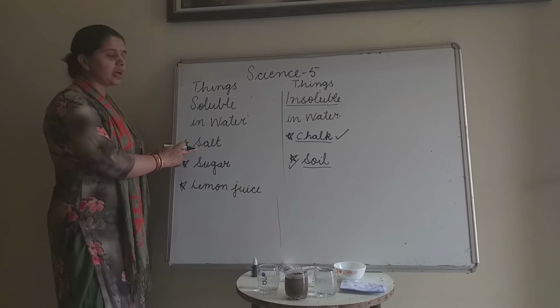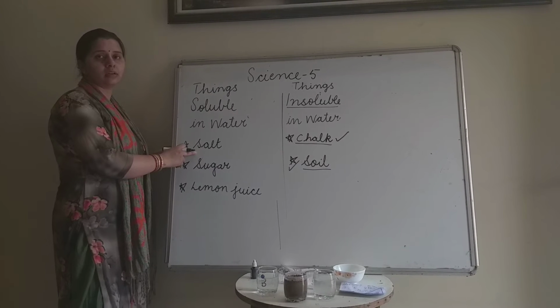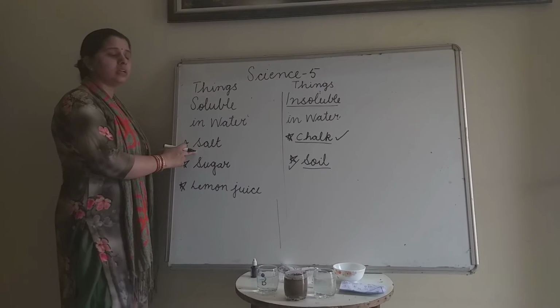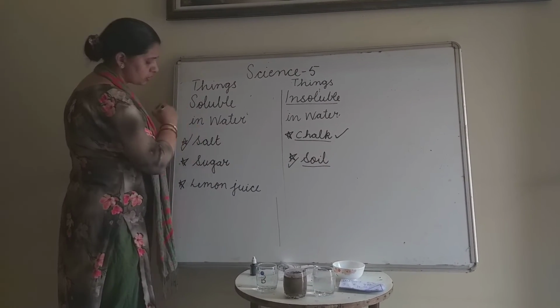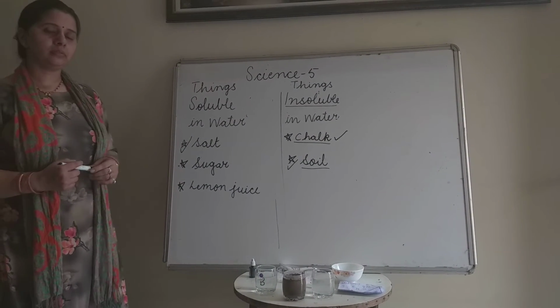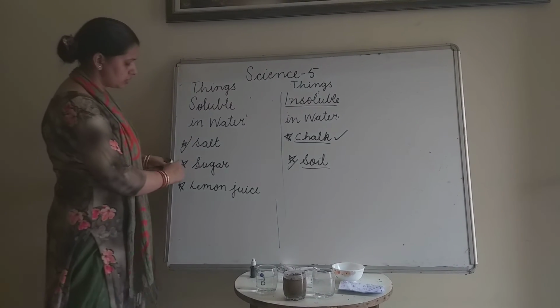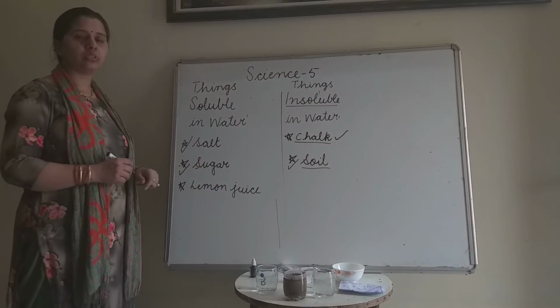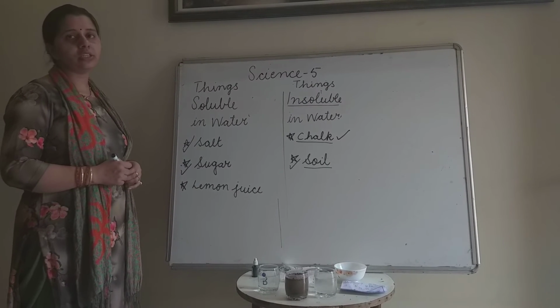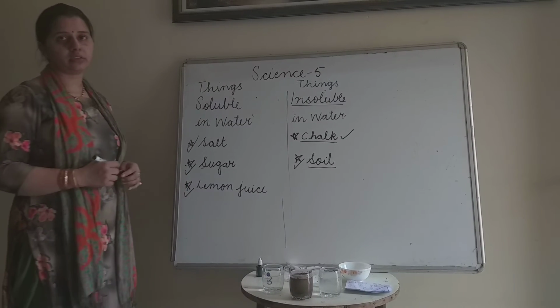Next is I have dissolved salt. So salt was soluble or insoluble? Salt was soluble in water. Next, sugar. Sugar was soluble or insoluble? Sugar was soluble in water. Next, lemon juice. Lemon juice was soluble or insoluble? Lemon juice was soluble in water.